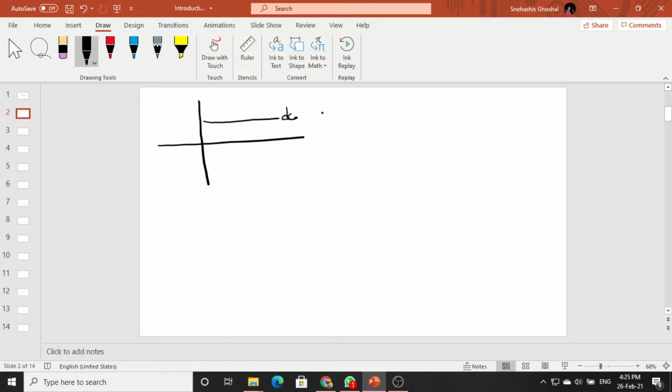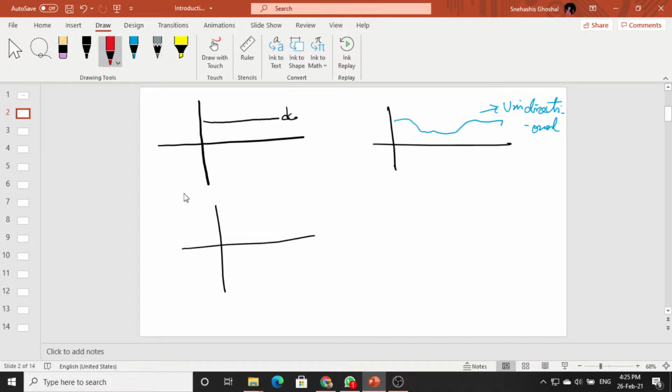So this is DC. But if somehow the magnitude is changing, although the polarity remains same, so we can say that it is unidirectional. Now, a signal like this, which changes its magnitude in both the ways, is bidirectional, or I should say alternating.